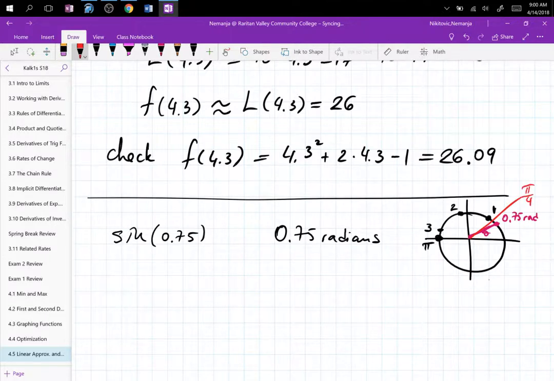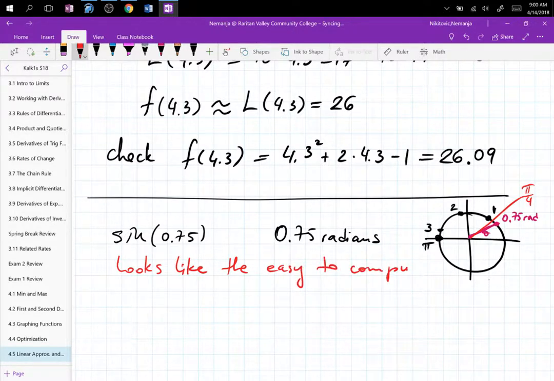It looks like the easy to compute value is pi over 4. This depends on how precisely you draw these things. It could be pi over 6, which is 30 degrees. It could be pi over 3, which is 60 degrees. We can just say, all right, let's use pi over 4.